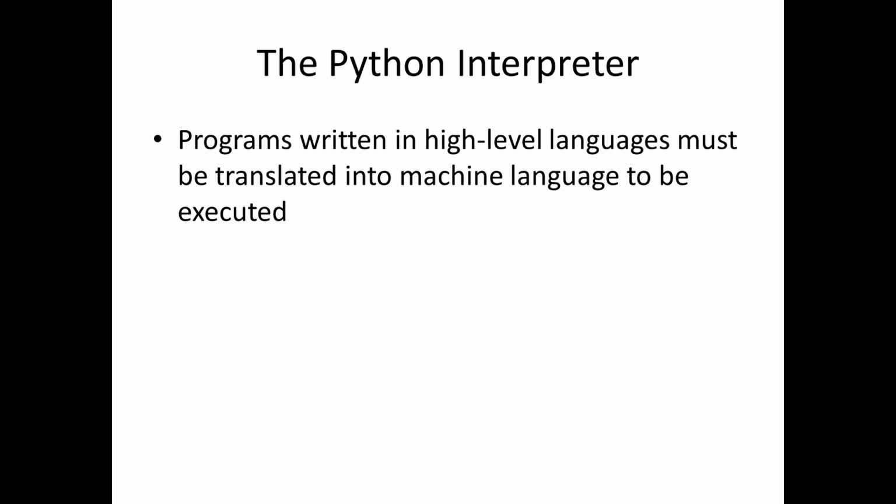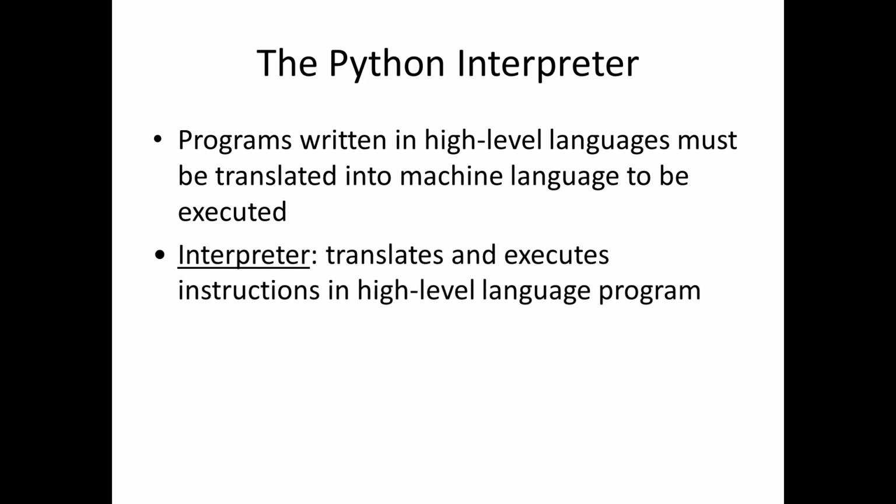Programs written in high-level languages like Python or Java, or maybe you've heard of languages like C# or C++, must be translated into a language that your computer can understand. This is typically machine language. Python uses an interpreter. It translates your instructions and executes them.